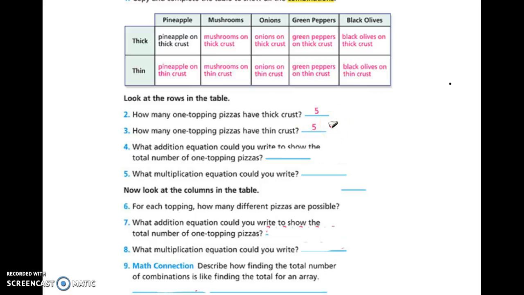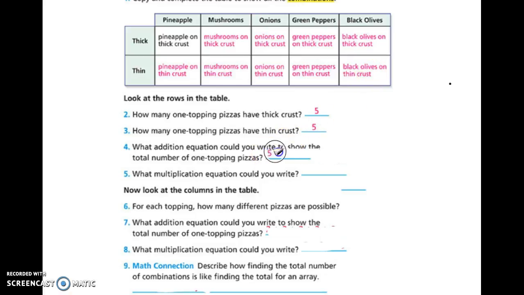What addition equation could you write to show the total number of one-topping pizzas? Well, I know that I had 5 thick crust one-topping pizzas and I have 5 thin crust one-topping pizzas.